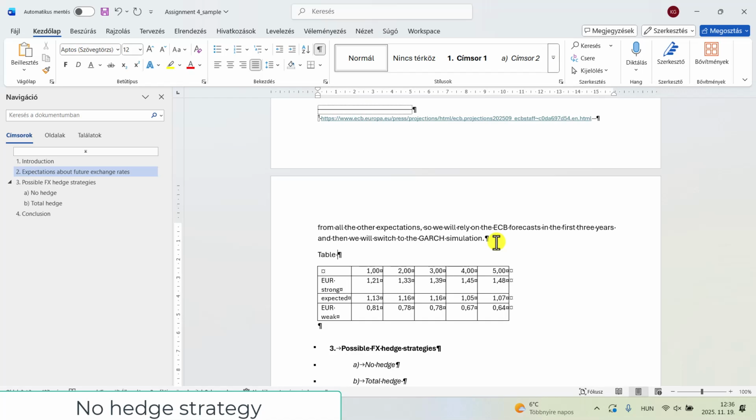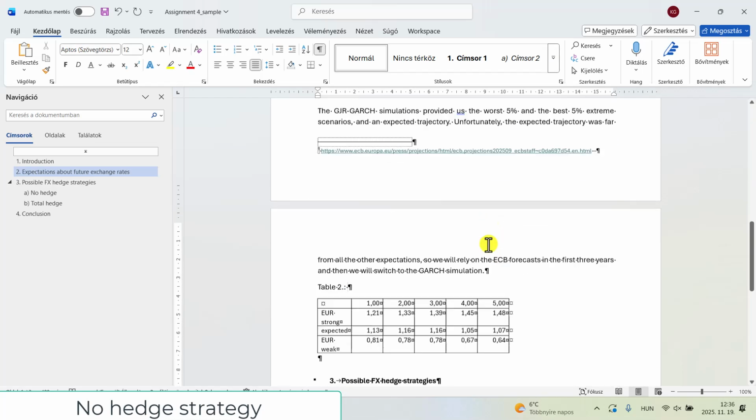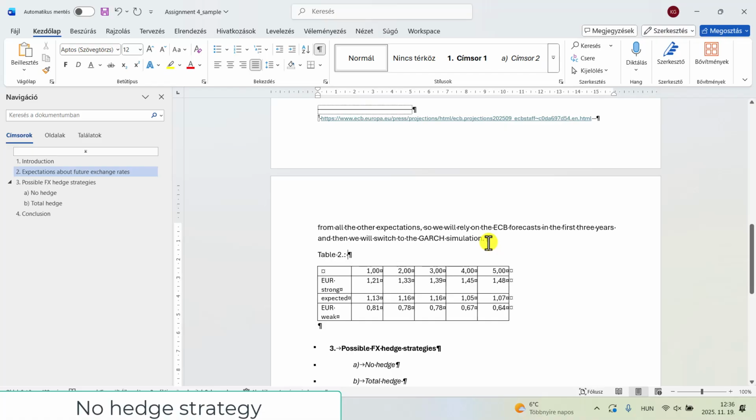So, table 2. US dollar exchange rate during the assessment.